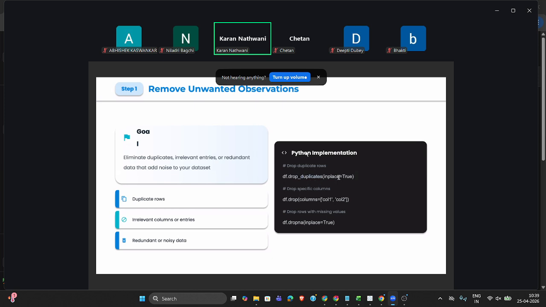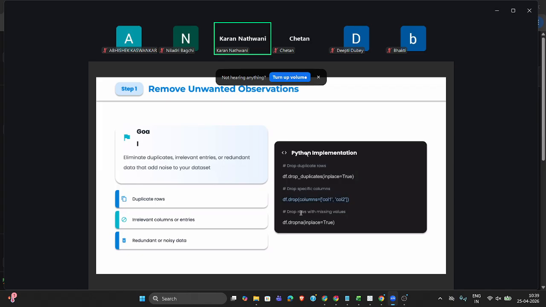Similarly, for the columns, it is df.drop, and within that you tell which columns you want to check for duplicacy, for example column 1 and column 2. This command can be used there.